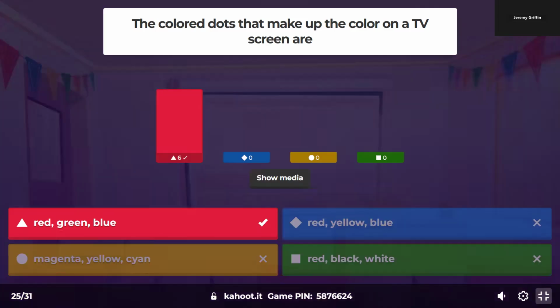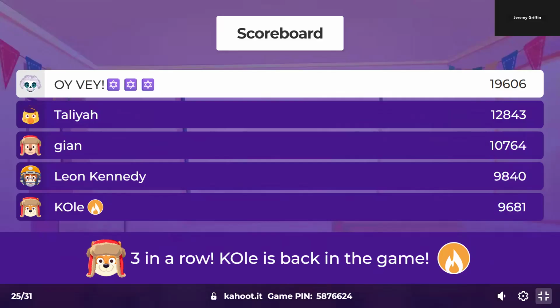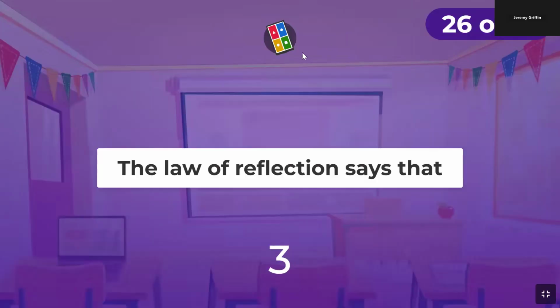Red. There you go. All right, red, green, and blue. RGB standard, red, green, blue. That's all you need. Law of reflection.